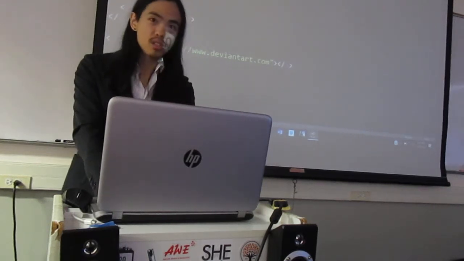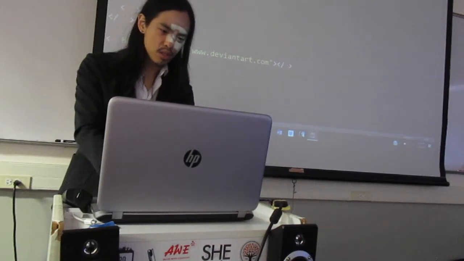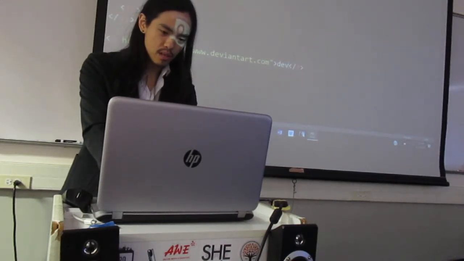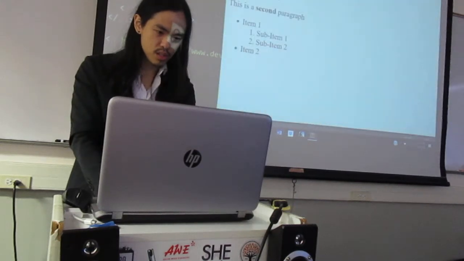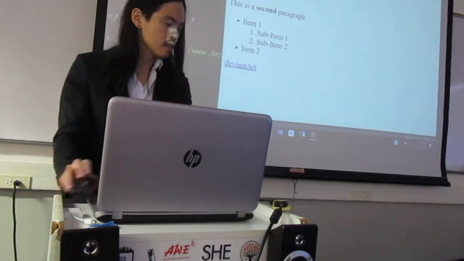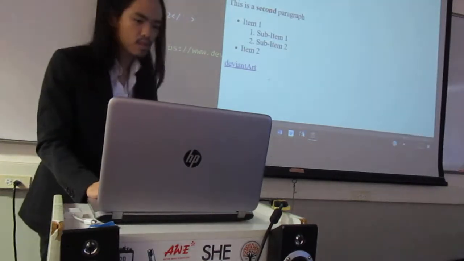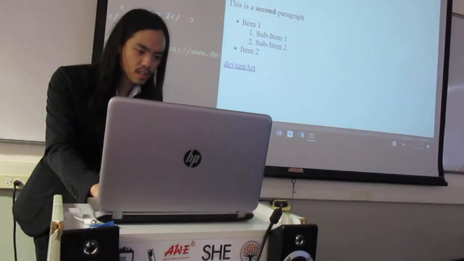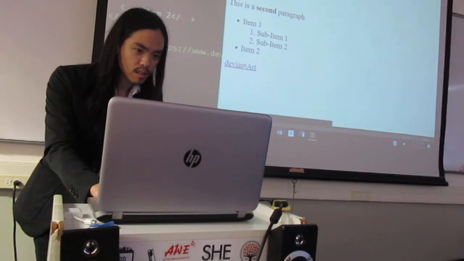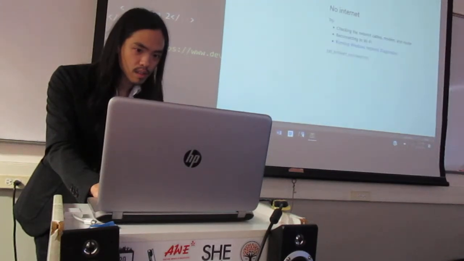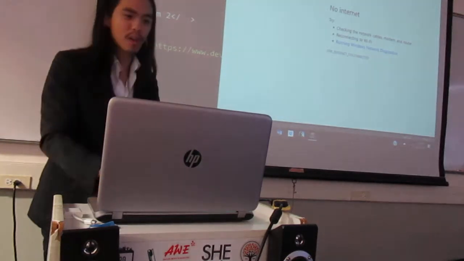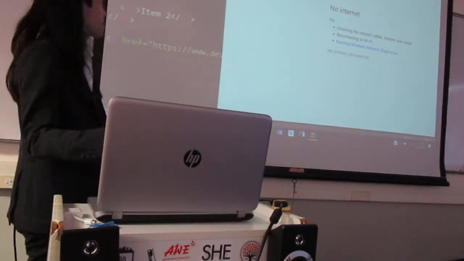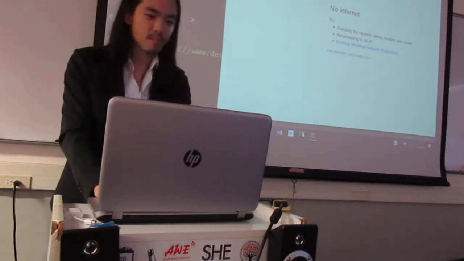And this is the link it's going to go to. But you want it to display a text, so let's say DeviantArt. What this is going to do is give us this. So right now, if I click on this, oh, I wasn't connected to the internet. But if I was connected, this will take us to the website, deviantart.com.